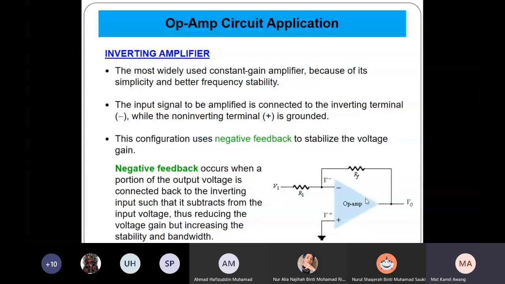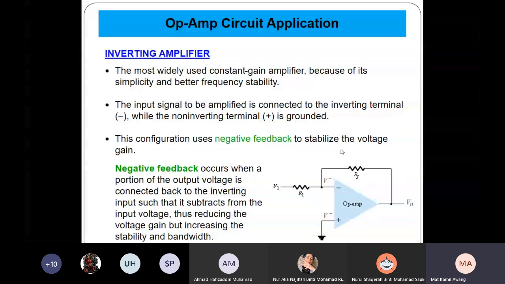Okay, so the circuit that we have is something like this. You have the input signal at the negative terminal of the OpAmp, the positive terminal is grounded, and you have the output fed back to the input.